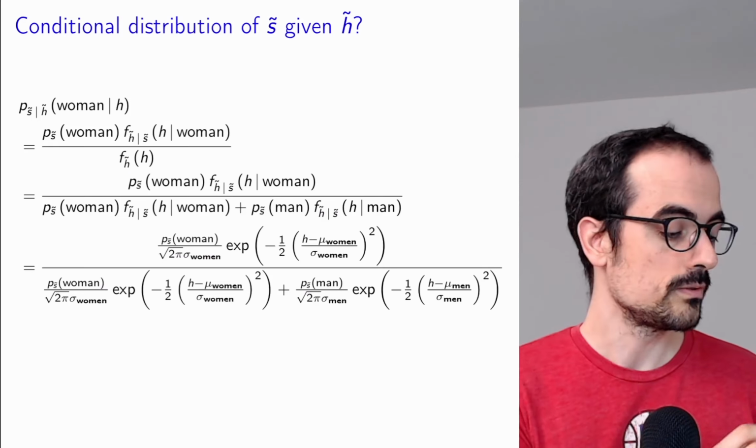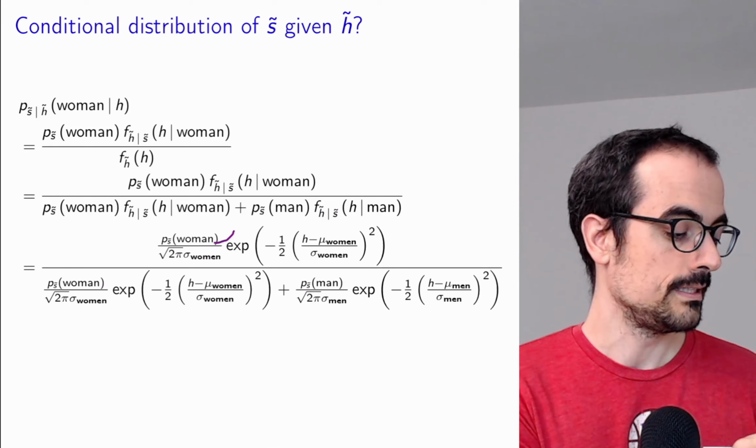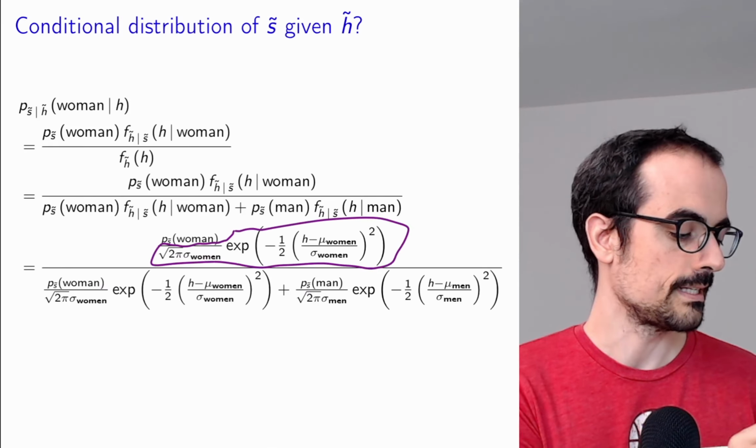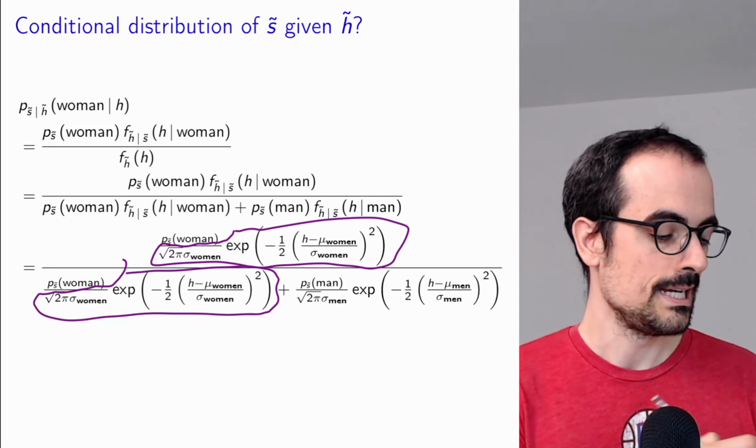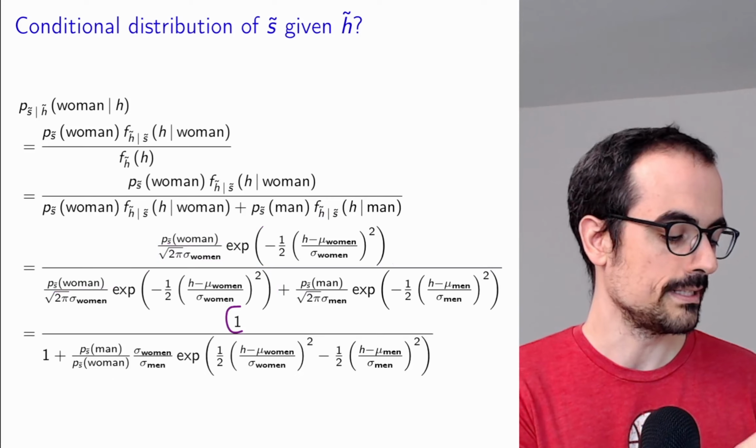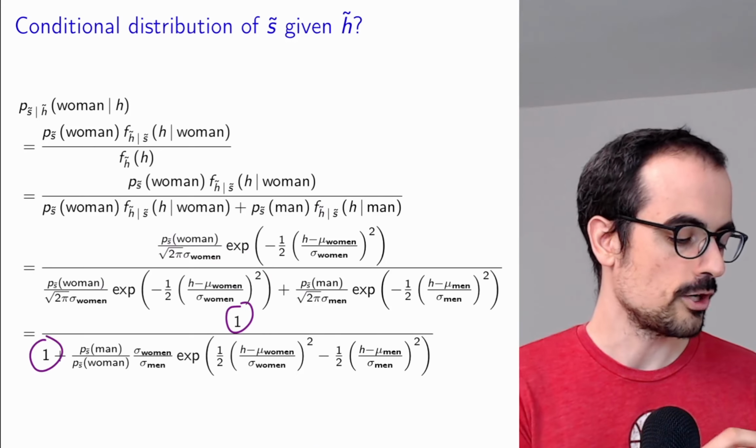It's actually very useful to realize that this term is exactly the same as this term. So we can divide everything by that and get an expression where we have a 1 in the numerator, this other 1 in the denominator.